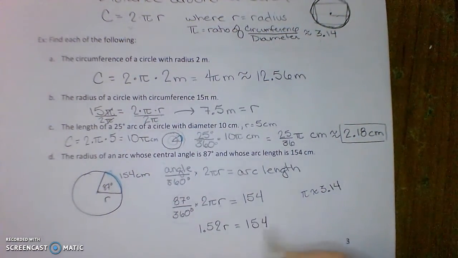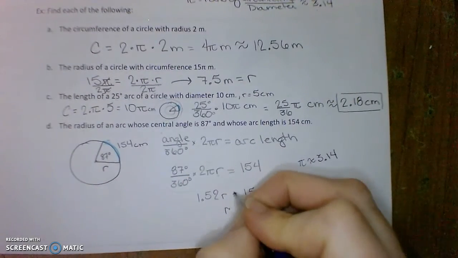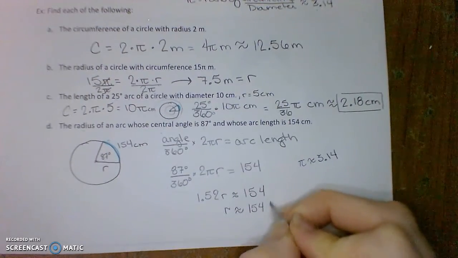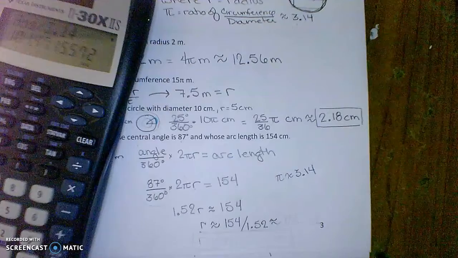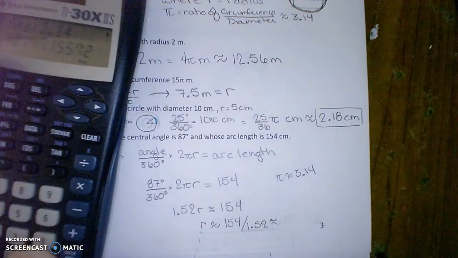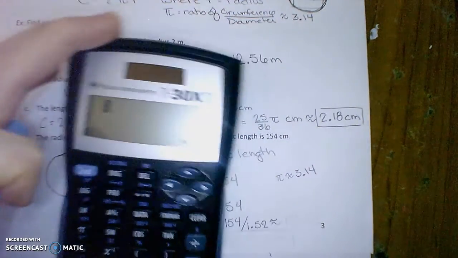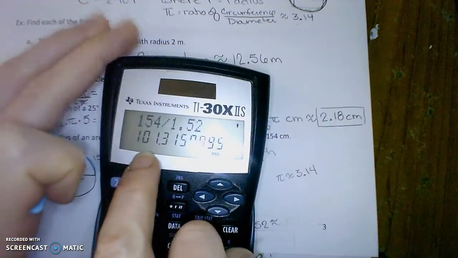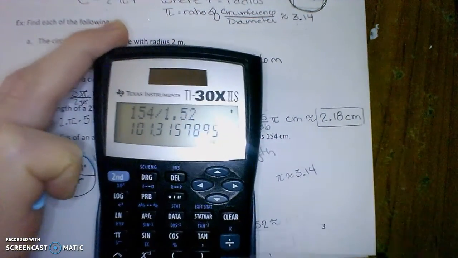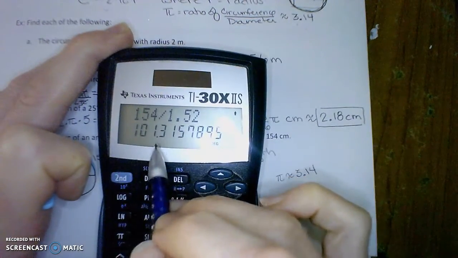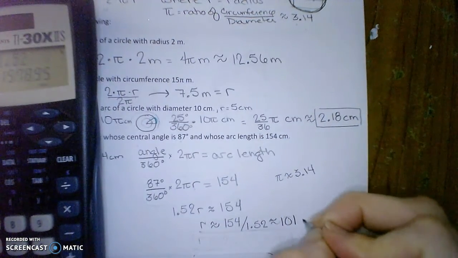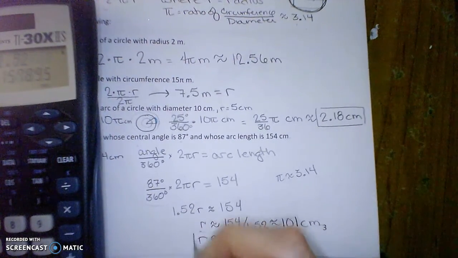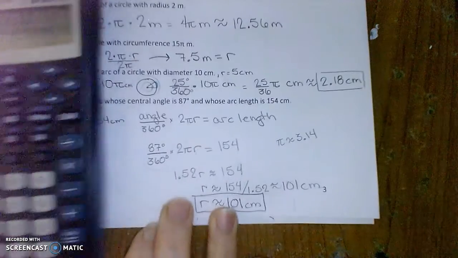Now you can divide both sides by 1.52 to get r is approximately 154 divided by 1.52. I'll round to the nearest whole centimeter here, so approximately 101 centimeters. So r is approximately 101 centimeters. That's the radius of our circle.